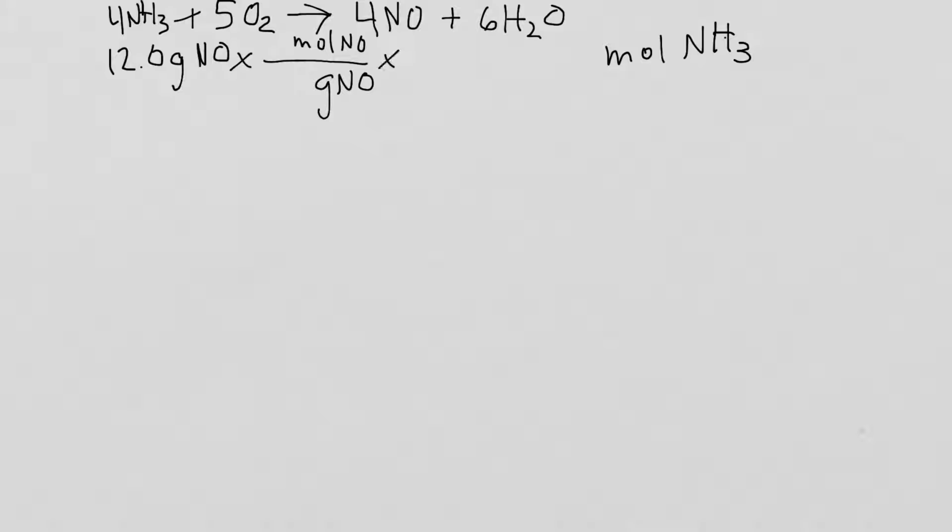Again, setting up our conversions with our units first is most important. Again, what's on top on this first conversion factor should go on the bottom, moles of NO. And our new conversion factor, the mole ratio, will relate moles of one substance to moles of another substance, in this case, moles of NH3.